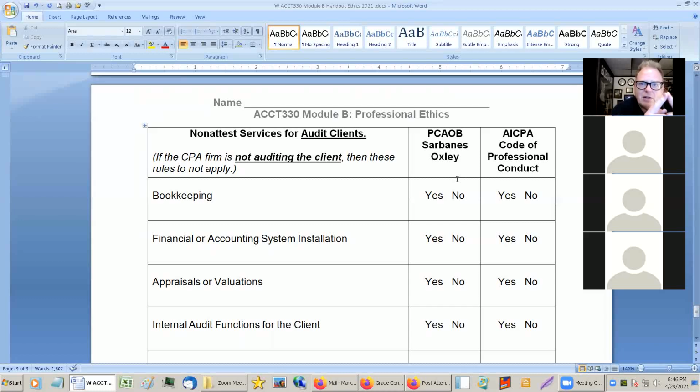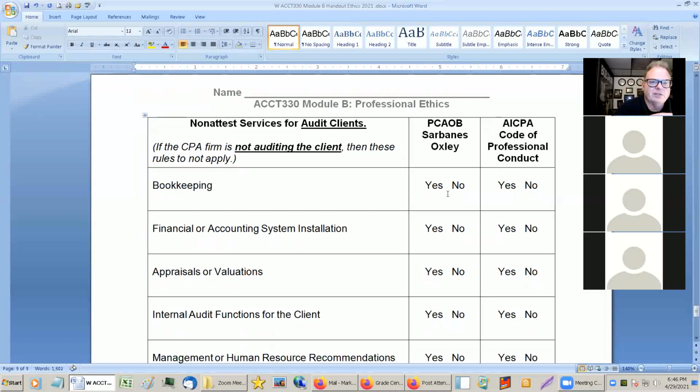Let's take this first one here, bookkeeping. Sarbanes-Oxley, you can't do it. AICPA, you can.